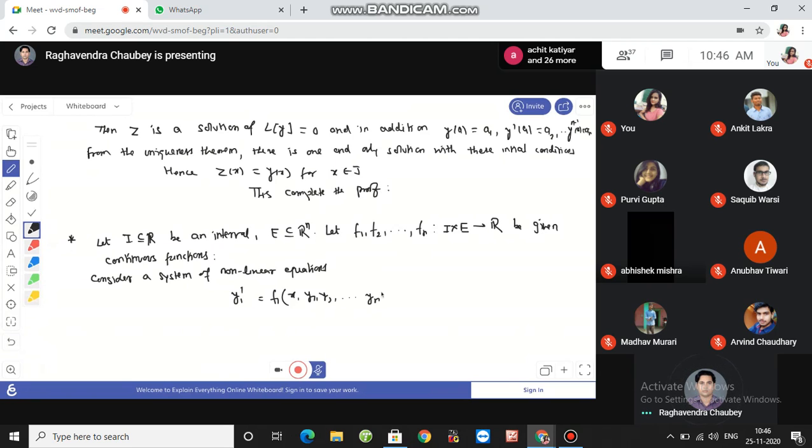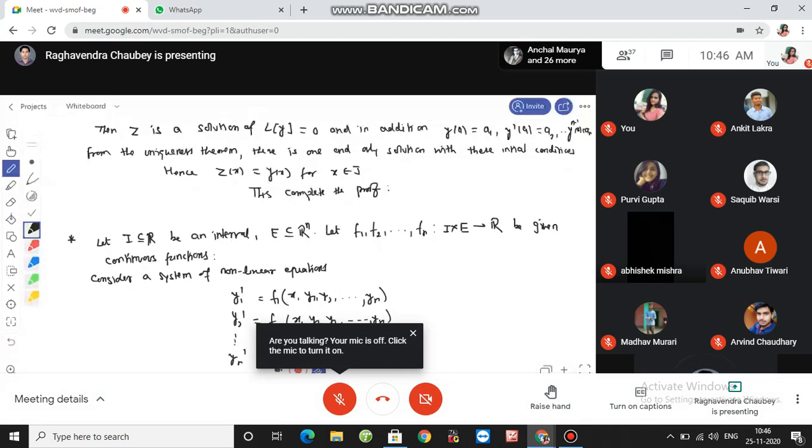So this is in R^(n+1). Similarly y2 prime is f2(x, y1, y2, ..., yn). And if we take yn prime, this is fn(x, y1, y2, ..., yn).